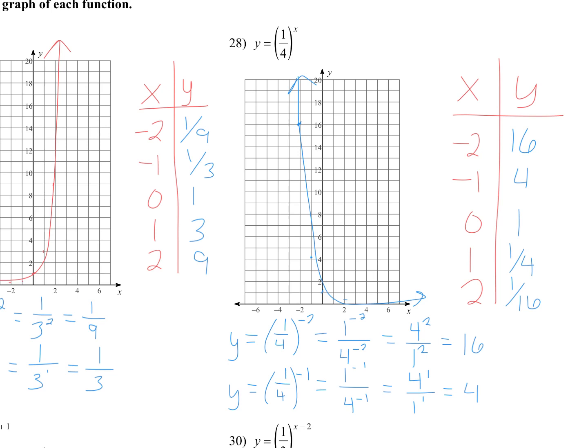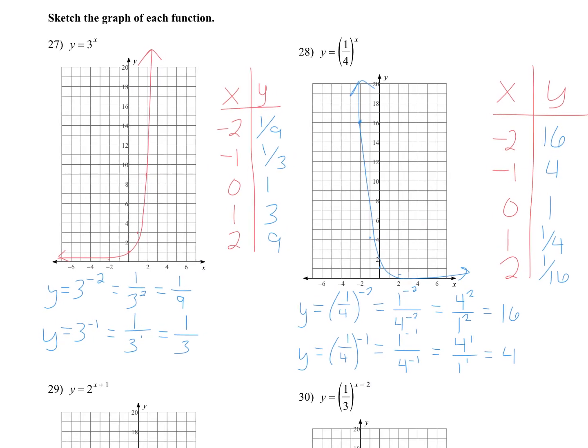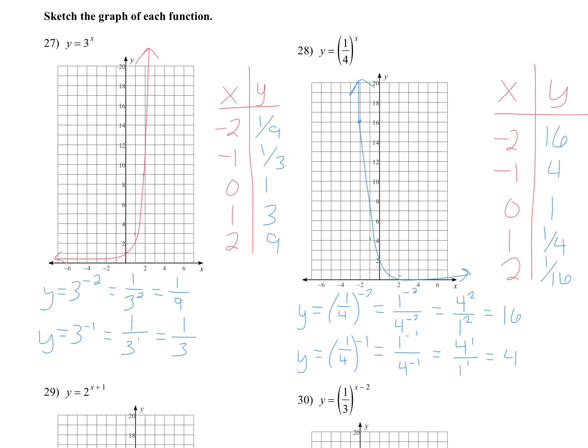If we have a whole number, like on 27, it was 3 to a power. Okay, that's a whole number, so it's going to be growth. Okay. 28, it was a fraction, so that is going to be our decay. On these two, did they ever go below the x-axis? No. Would they ever go below the x-axis? No.